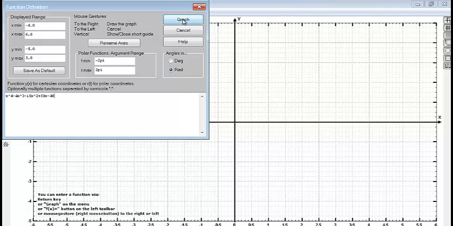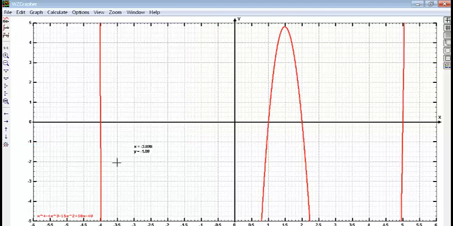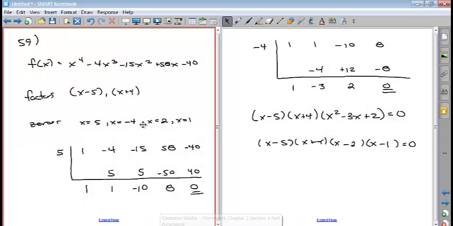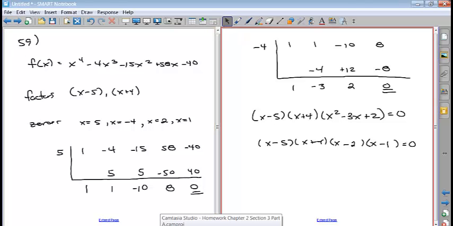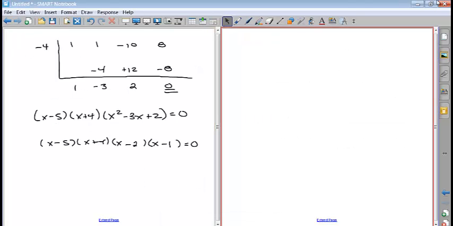Okay, and I think all our zeros are within this window. So you can see we get a 0 at negative 4, positive 1, positive 2, positive 5, which I think is what we just said: negative 4, positive 1, positive 2, positive 5.